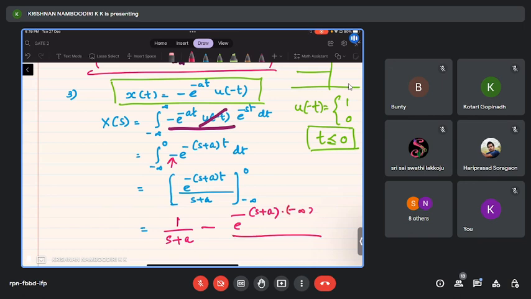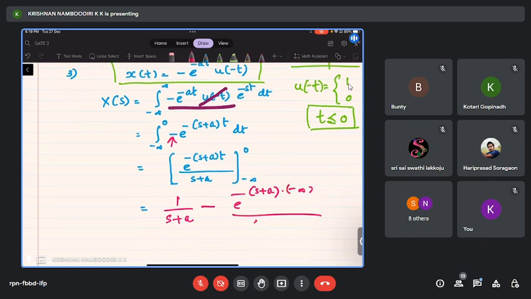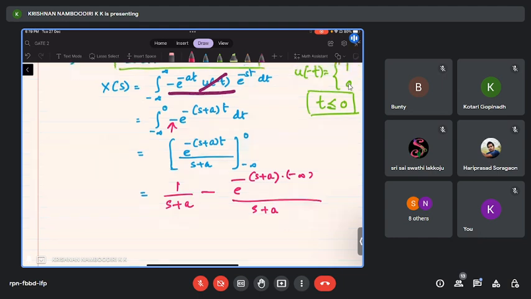In maths, you cannot really write like this. You have to use limits, but I'm simply writing like this to help you understand. Here, this number is finite, or you can substitute like this, only if minus of s plus a has a positive real part.